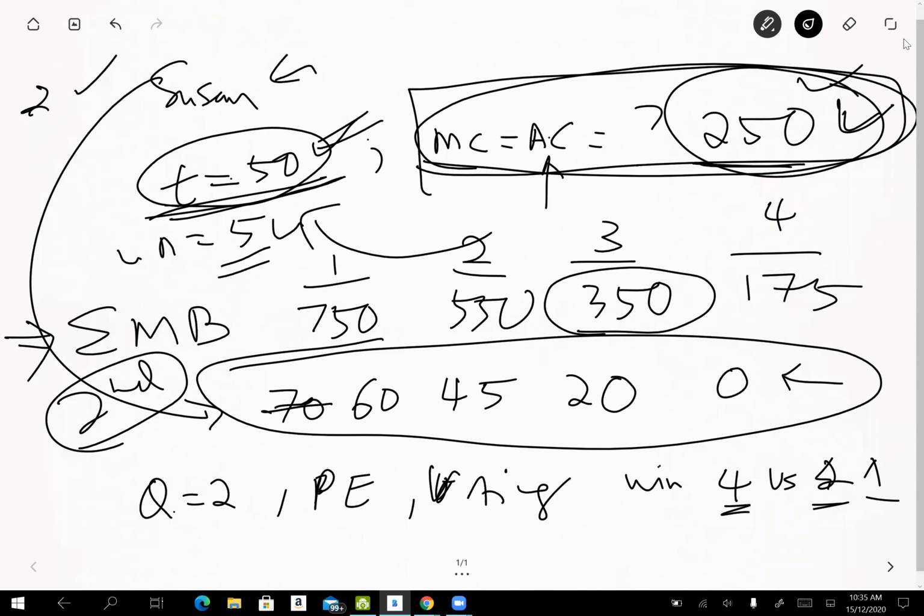When you want to do the efficient outcome, you will need the average cost. So what we will do, we'll use the average cost as 250.